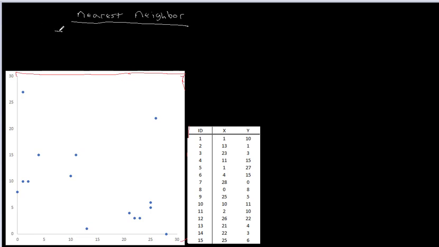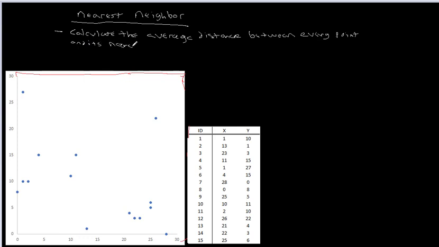So to sort of repeat that, what we're going to do is we're going to calculate the average distance between every point and its nearest neighbor.